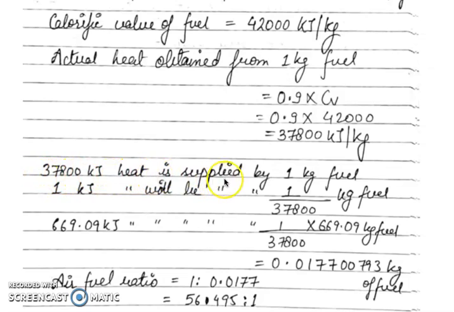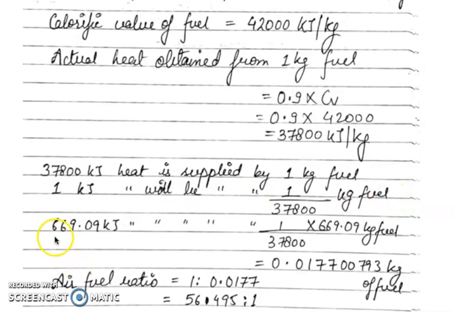37,800 kilojoules heat is supplied by 1 kg of fuel, because it was the calorific value and 10% of it is lost, the rest 90% will be supplied to the air for heating. Now if this is supplied by 1 kg of fuel, so 1 kilojoule of heat will be supplied by 1 upon 37,800 kg of fuel.